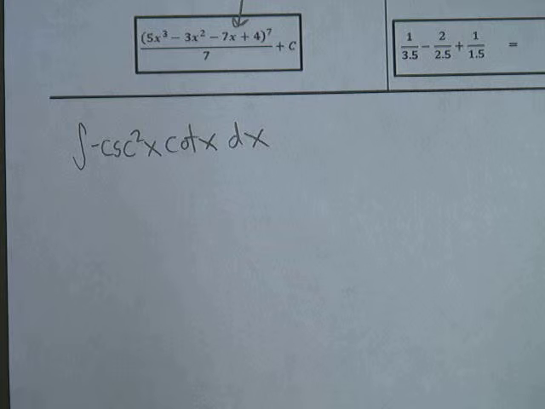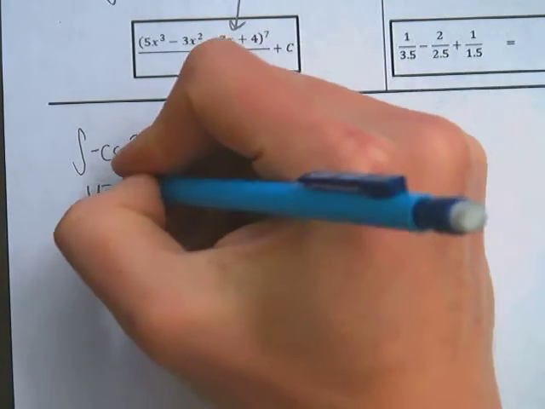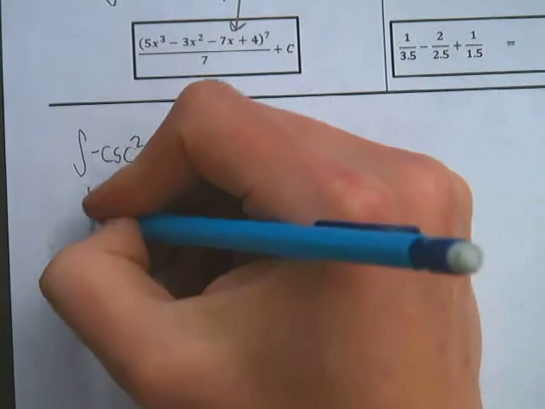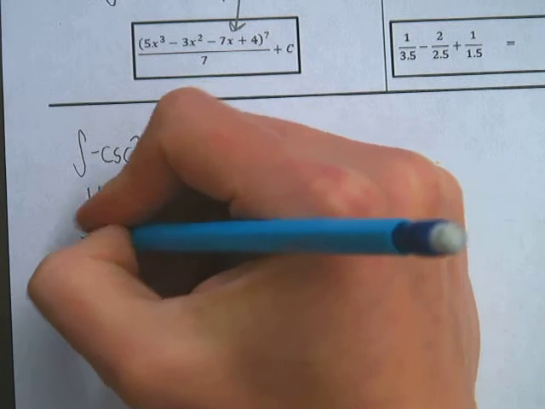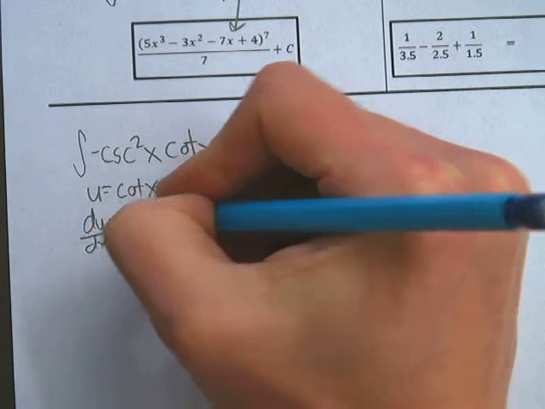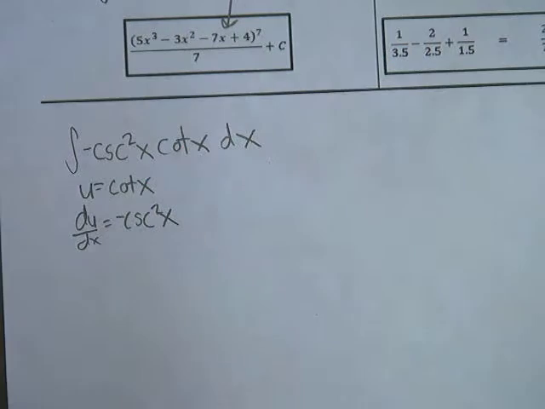The key here is to recognize derivatives of things. There are actually two legitimate options for u substitution here. There's one where you say, hey, u is equal to cotangent x. If I pick u as cotangent x, then du over dx is equal to negative cosecant squared x, which matches perfectly what's in our function, because that is the derivative of cotangent of x.